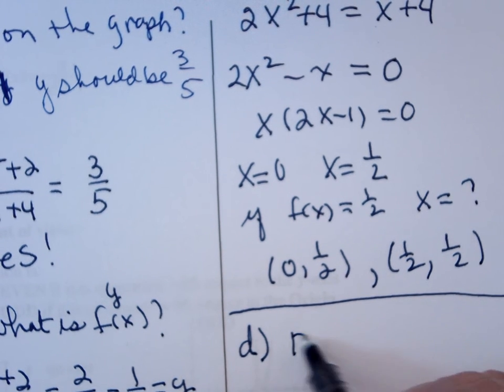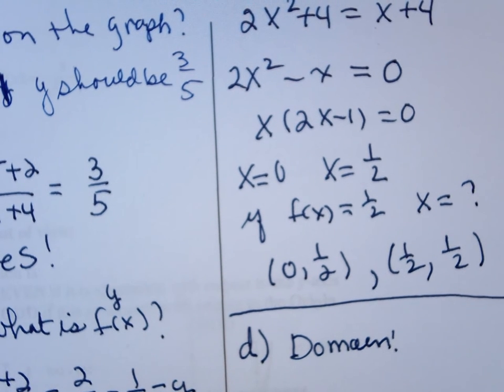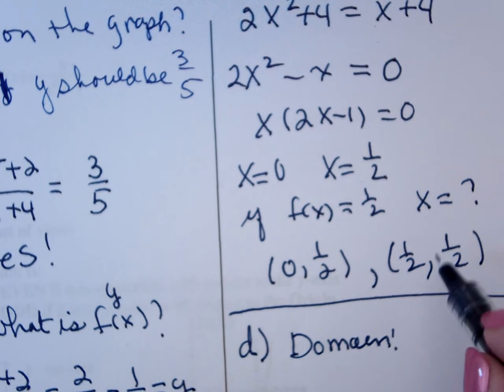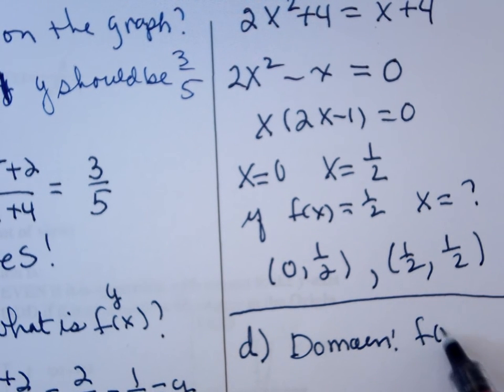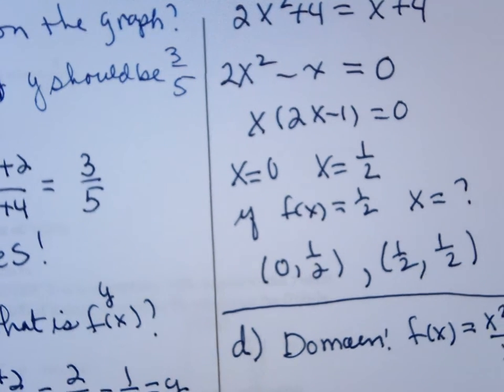D, domain. The domain we're trying to find is for f of x equals x squared plus 2 over x plus 4. What's the domain?